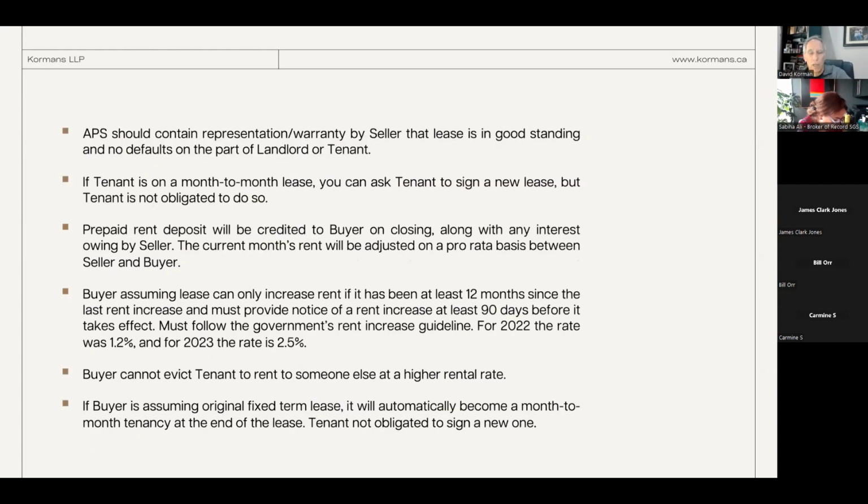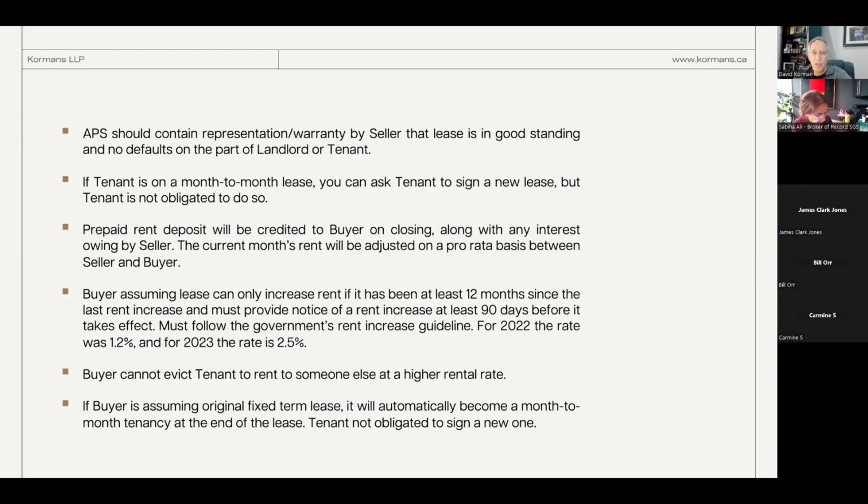Now, an agreement of purchase and sale should provide for a representation and warranty by the seller that the lease is in good standing, there's no defaults on the part of the landlord or the tenant. And if there are any defaults by either, that should be disclosed. And it should say save and except for whatever, there's a repair that has to be done, or describe it. Disclosure never hurts a party. Lack of disclosure hurts parties.